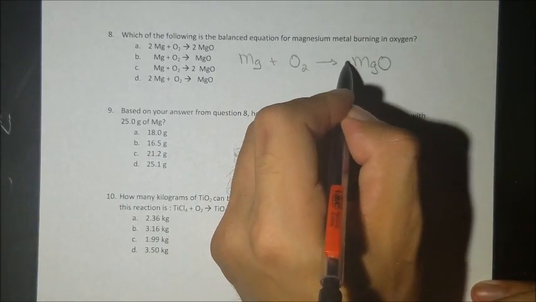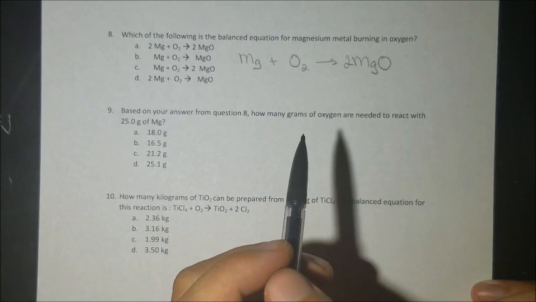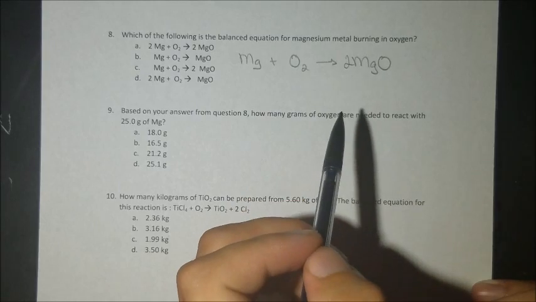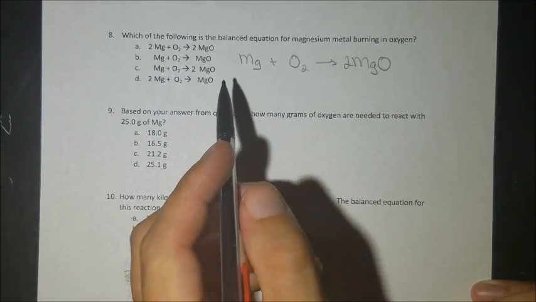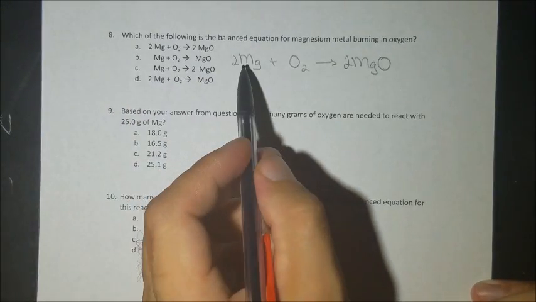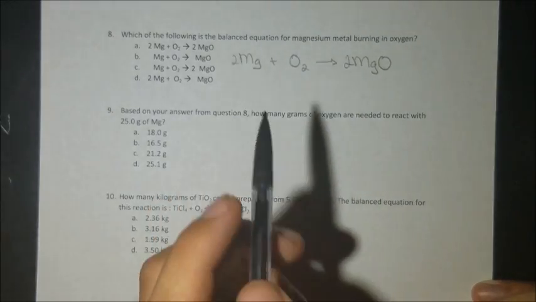So if I put a 2 right here, then that gives me 2 oxygens on both sides of the equation. And just now I've got 2 magnesiums on this side. I still only have 1 on this side. So what I can do is just multiply the number of magnesiums here by 2. So now I've got 2 magnesiums on the left and 2 magnesiums on the right.